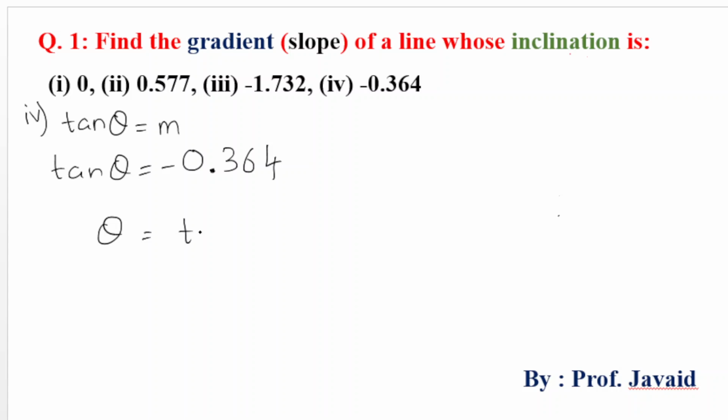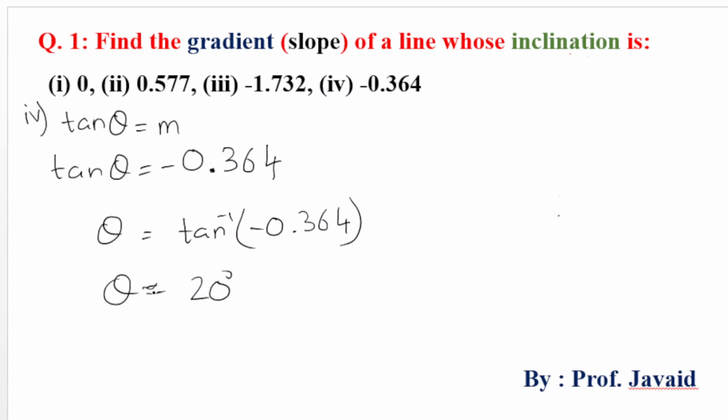So let's move tan to the other side, negative 0.364, and take your calculator and just write shift tan, then the calculator will write tan inverse, and then write negative 0.364. That will be basically 19.98, so you will write here 20 degree.